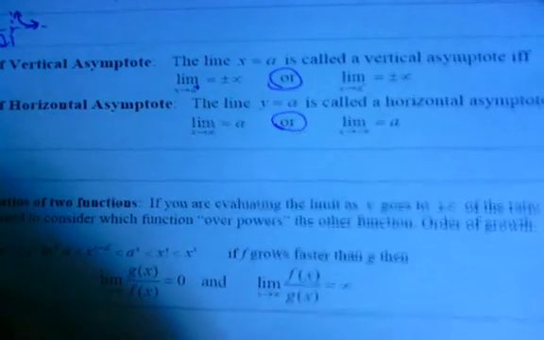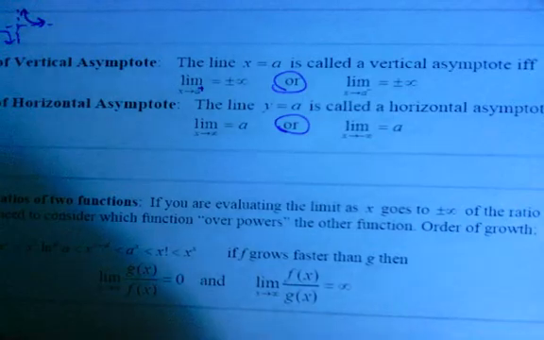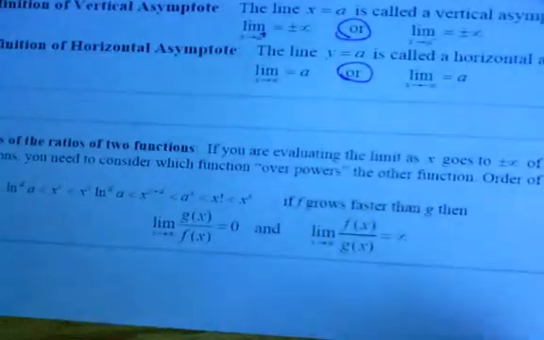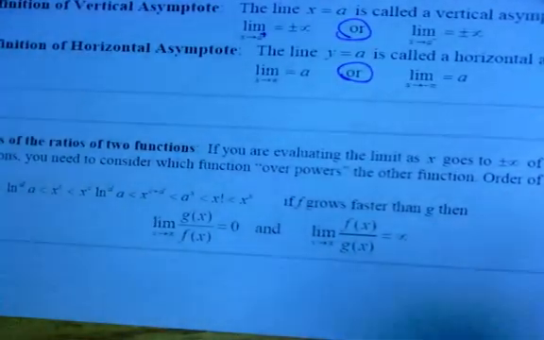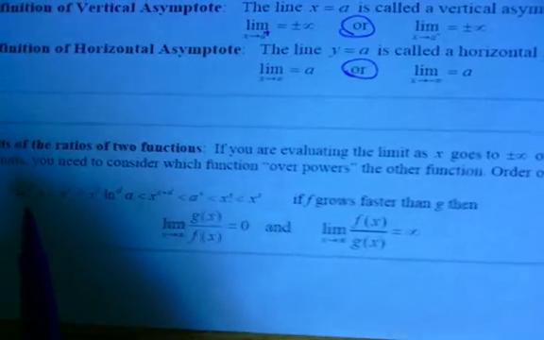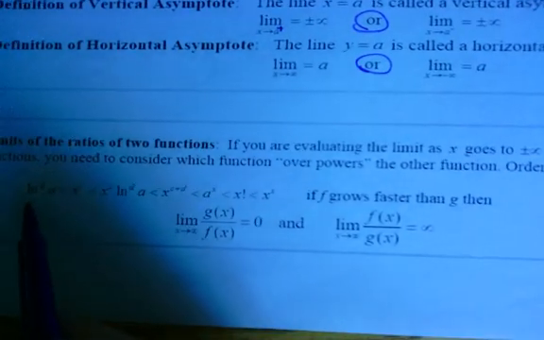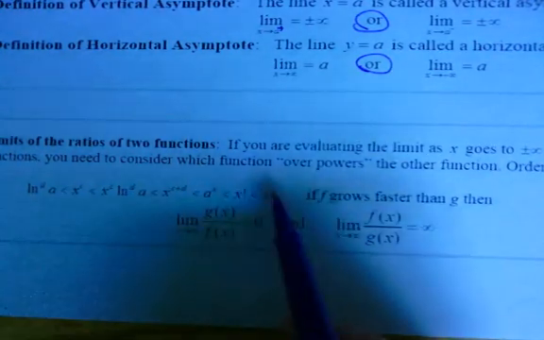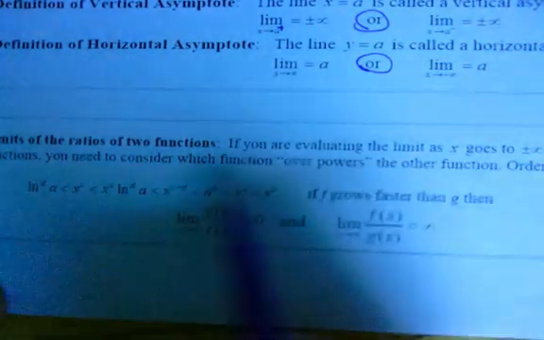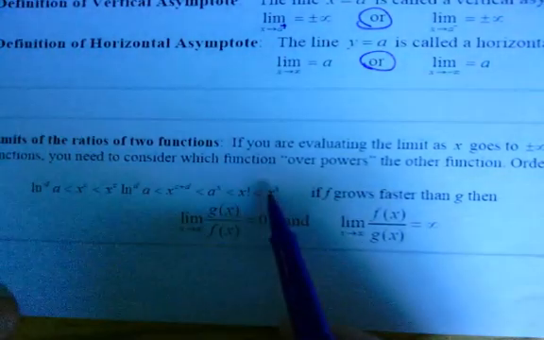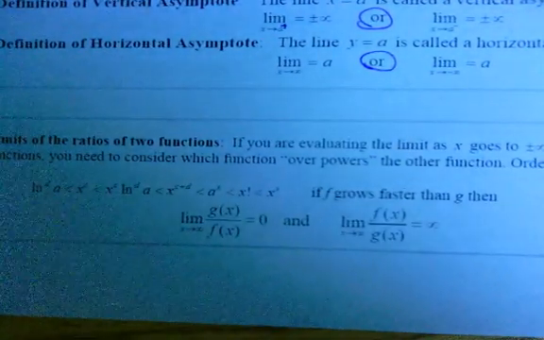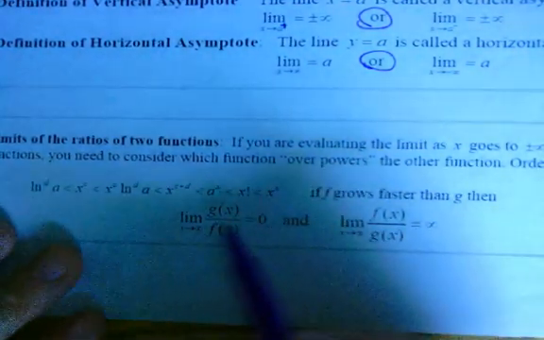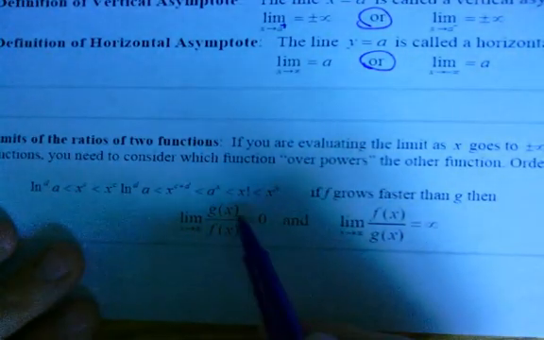Another important thing is knowing how fast some of these functions are growing. This is a list of functions in order from growing slowest to fastest. This is the slowest growing, and it keeps going, and the fastest growing function is x to the x. This is important to know because it will help us find some of these limits and their end behaviors.